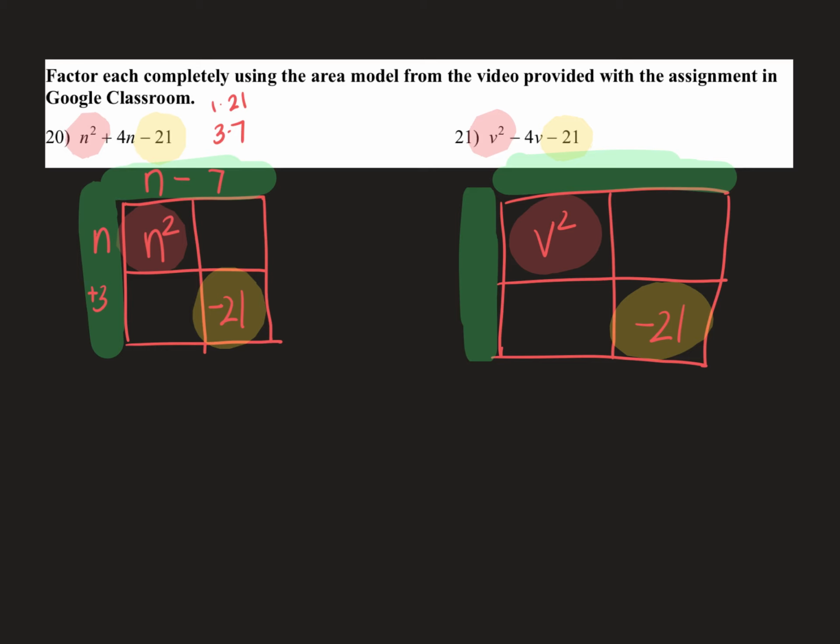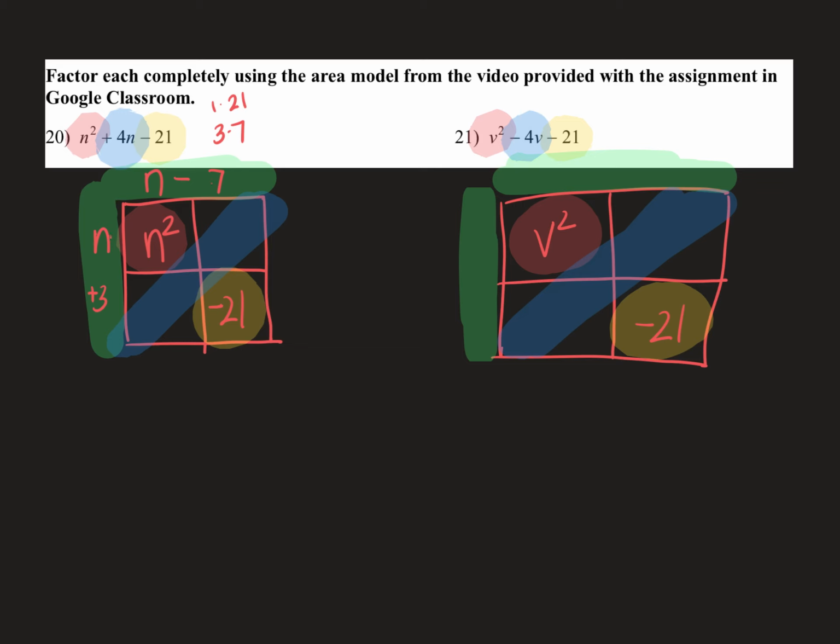Now, my goal is, when I multiply, I want these two to add up to give me positive 4. So let's see if my first guess was correct.